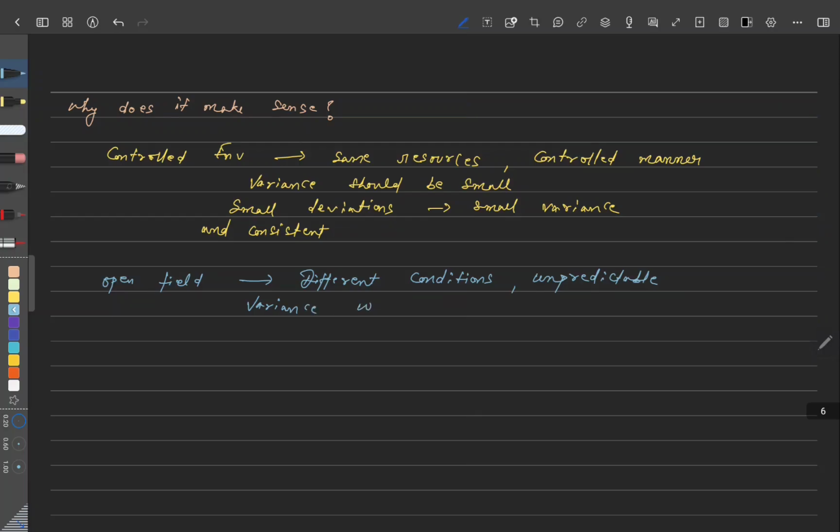So variance would be more as deviations for some tomatoes would be more, right? Okay.